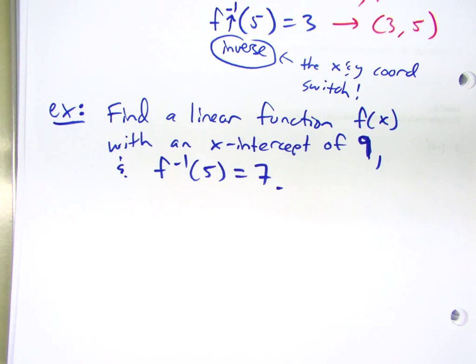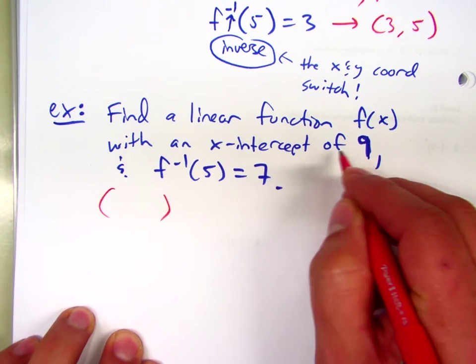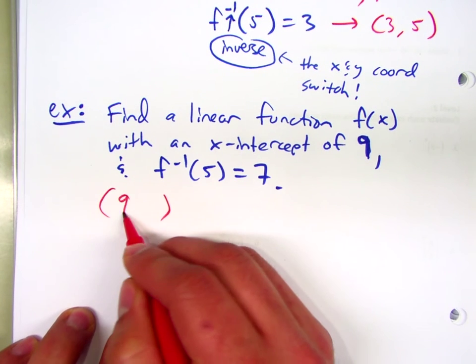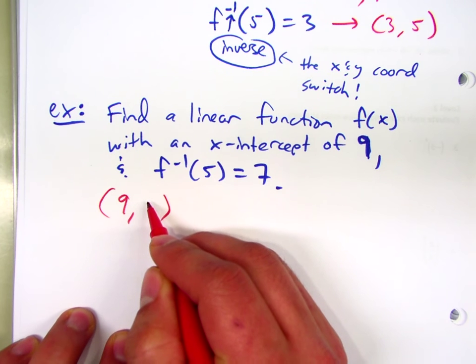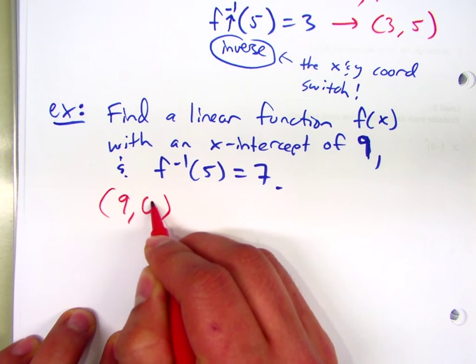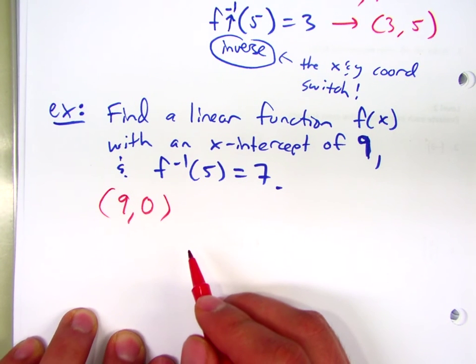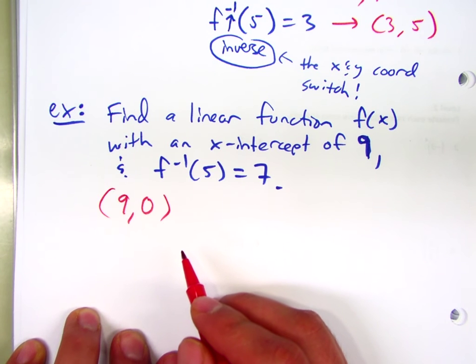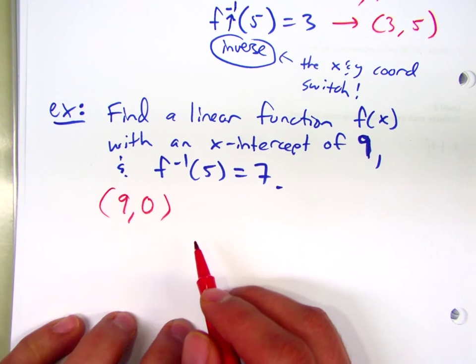How do you do that? X-intercept of 9. I can figure out that the point is 7, 5, and what point is this? 9, comma, 5, 7. It's on the x-axis. It's an x-intercept. Y has to be 0 on an x-intercept, right?